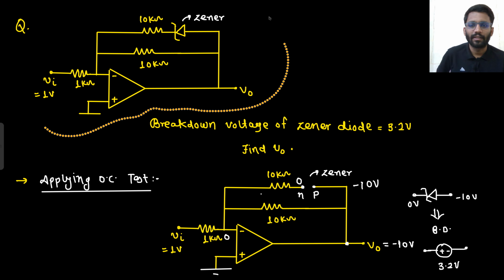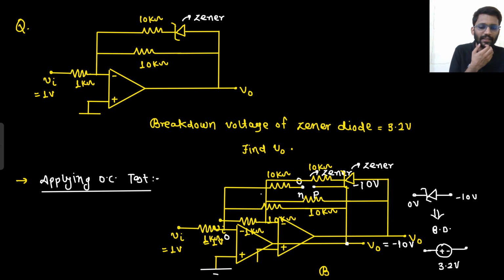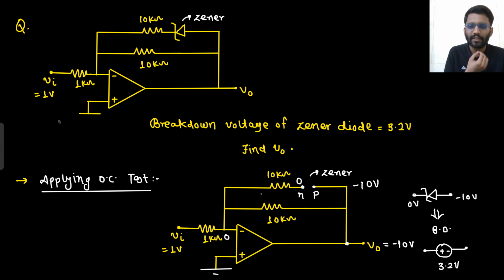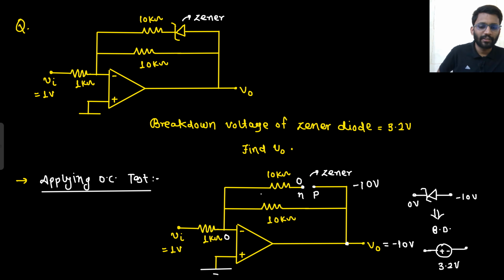So we can make the next circuit now. What did we do? We applied the open circuit test. When we applied the open circuit test, we got to know that the reverse voltage the Zener is having is 10 volt in reverse bias. But if it was having 3.2 volt, then only it would go into breakdown. So at 10 volt, it will certainly go into breakdown.